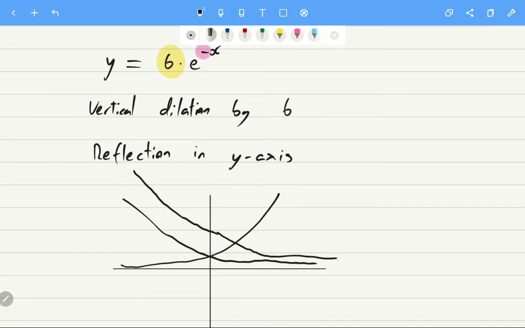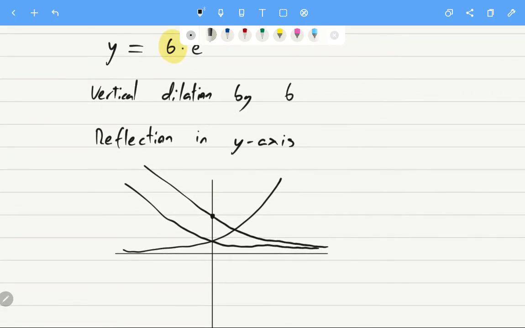However, the asymptote is not changing in this case. Why? Because although it's getting stretched, that isn't going to change the x-axis. It isn't going to change the asymptote. So the asymptote is still going to be at 0 because it hasn't been translated up or down, but you can see that it is getting moved up, at least here.